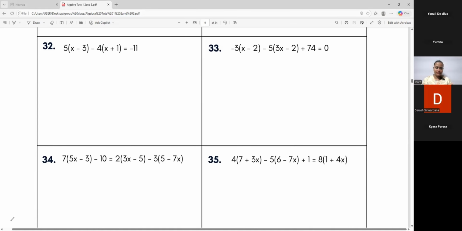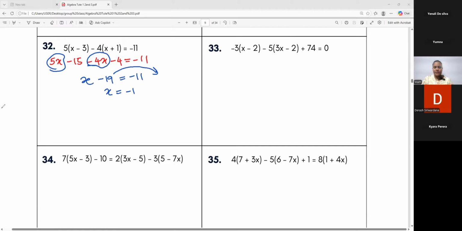Both, miss. 5x minus 15 minus 4x minus 4 equal to minus 11. Then subtract them. x, minus 15 minus 4 is minus 19, equal to minus 11. Move this to the other side. x is equal to minus 11 plus 19. Different sign, subtract.